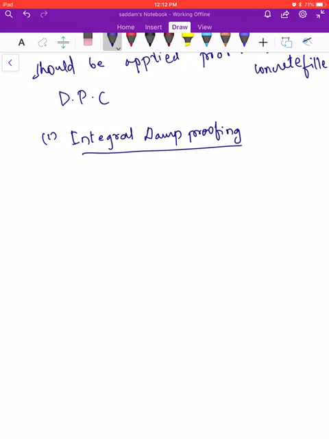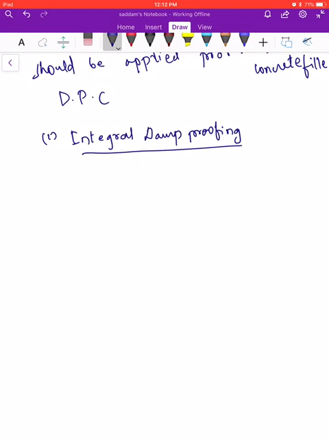While preparing the concrete mix, we add certain waterproofing compounds, and that will help the floors and slab to become impermeable to the water.